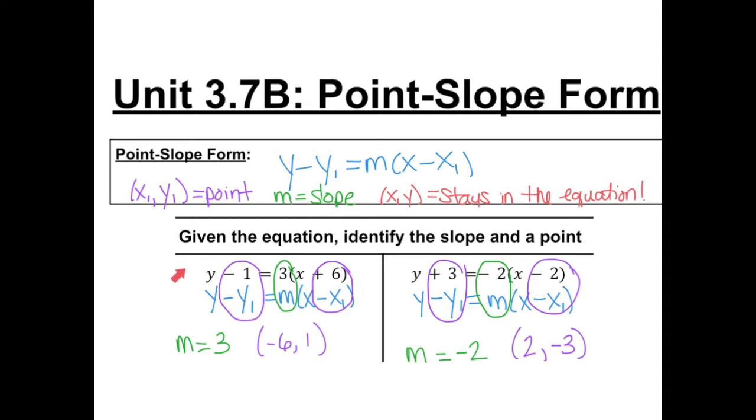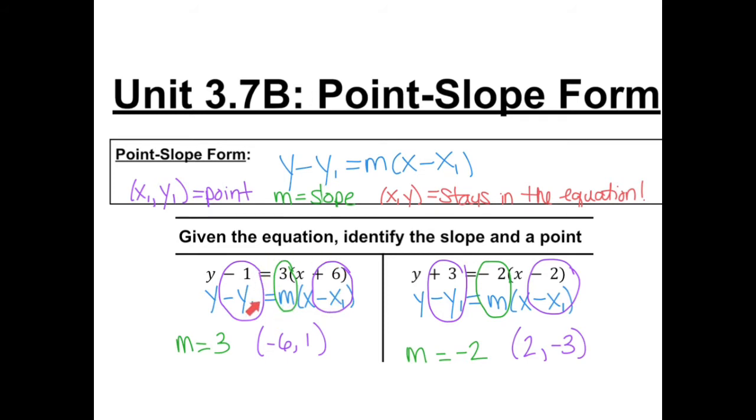So the first job will be for us to be able to identify the slope and a point given point slope form. You can see here in the black ink, y minus 1 equals 3 times x plus 6. I wrote in blue underneath it, y minus y1 equals m times x minus x1, and then I circled the match. So m matches up with the 3, so that's my slope. It's always the number in front of the parentheses.